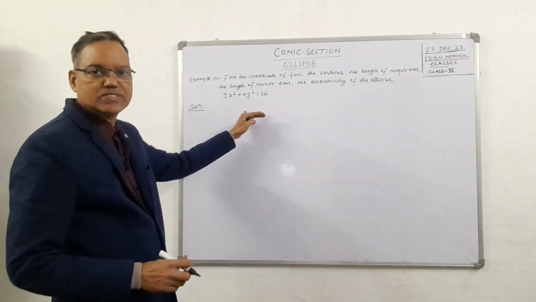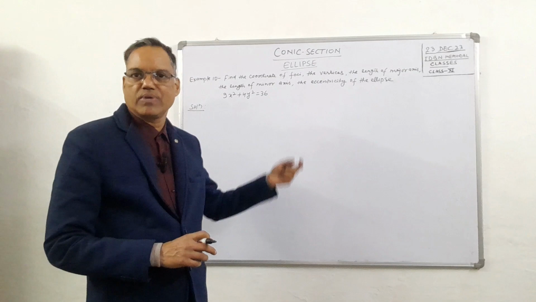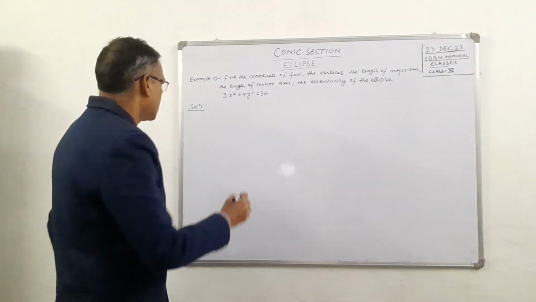Now this equation may be written in the form of x square by a square plus y square by b square equal to 1. So let us see how.